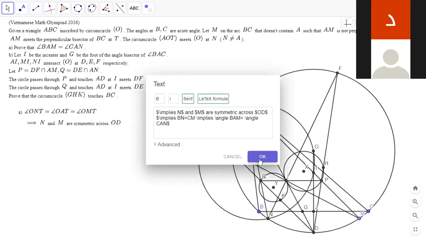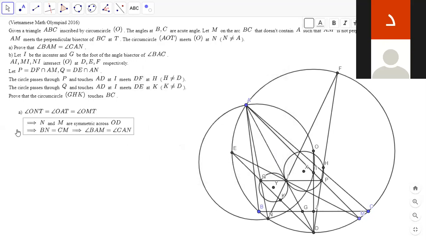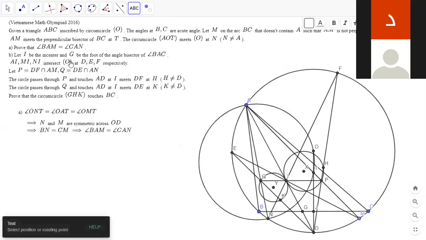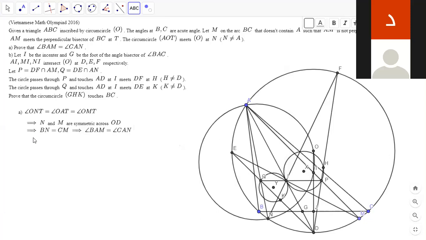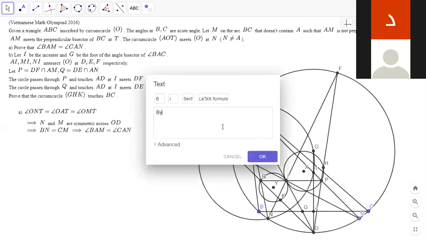And then for the second part, by Pascal's theorem on FAEN, DM, we have Q, I, and P are collinear.